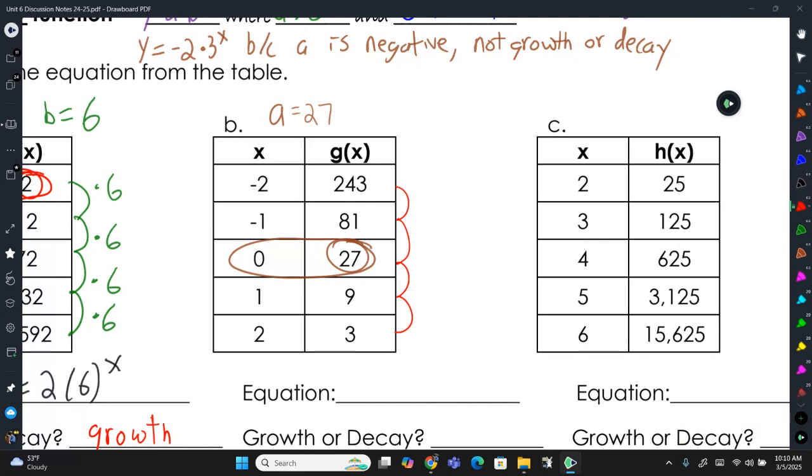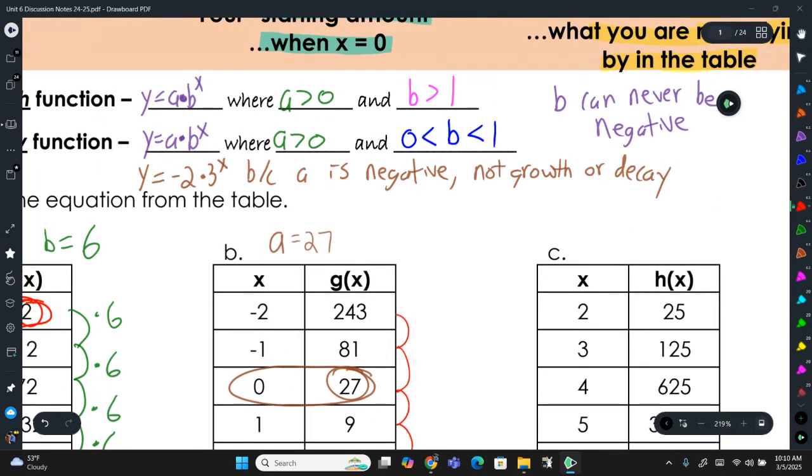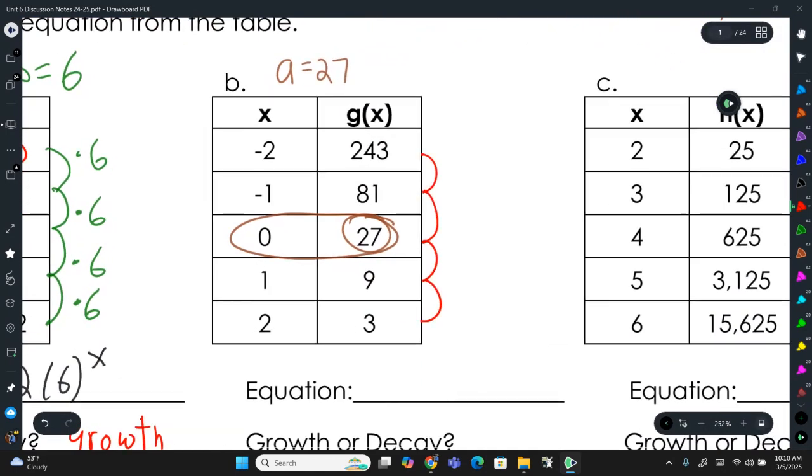And you may not see it from the first two, but when I look at 81, then down to 27, then 27 down to 9, and from 9 to 3, I notice that the y values are being divided by 3. Well, we have to write this as multiplying because our form of the function is y equals a times b to the x. So in order to write dividing by 3 as multiplication, we can write it as multiplying by 1/3.